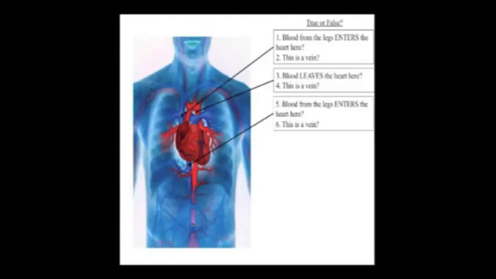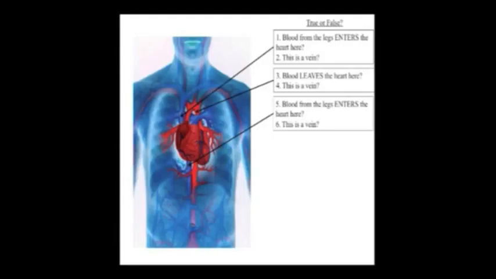The next two questions, 3 and 4, center around this structure, the red structure to the top right of the heart. And the first statement says, blood leaves the heart here. And since it's the right portion of the heart, blood actually does leave the heart here. And question number 4 is asking if blood leaves the heart from veins.